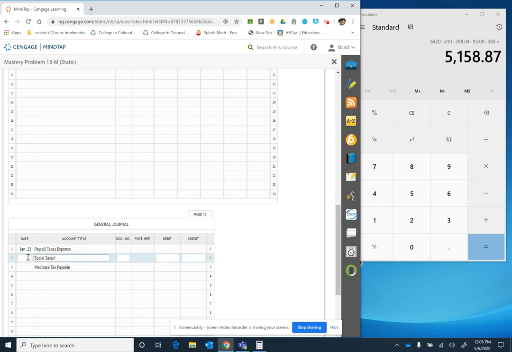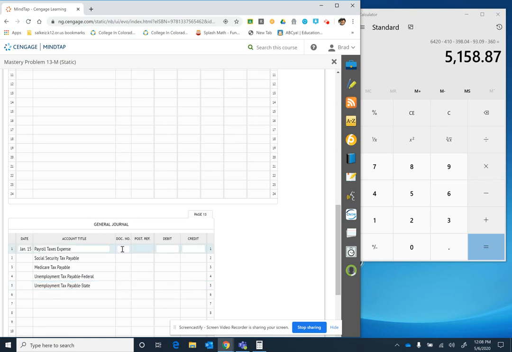And then we're going to record our Social Security tax payable, and we've got our Medicare tax payable. And then we're going to have our unemployment tax payable for federal, and our unemployment tax payable for state.